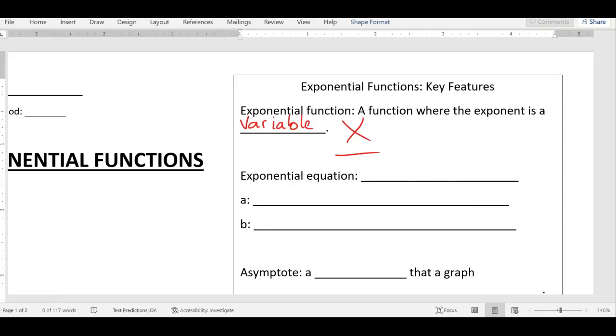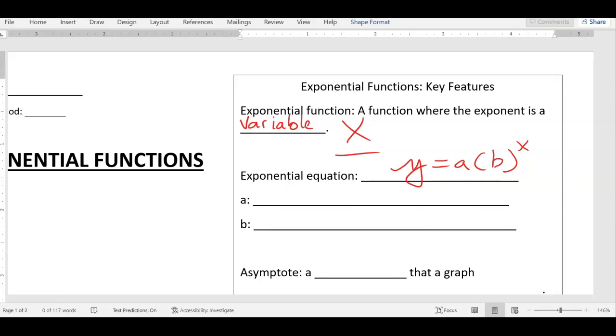Oh. Alright, now, exponential equation. Let's go ahead and write this down. It's going to be y equals a times b to the x. So y equals a parentheses b to the power of x. A times b to the power of x.